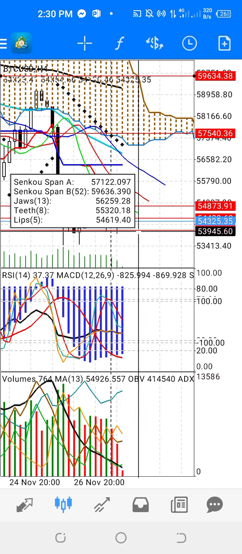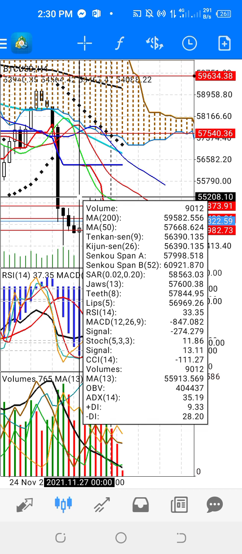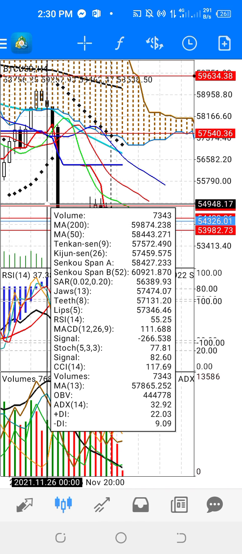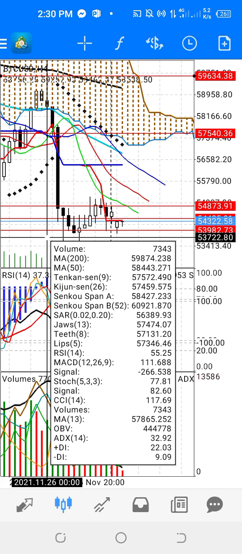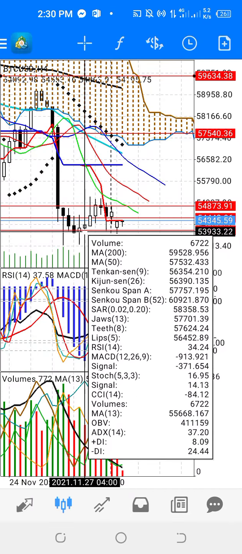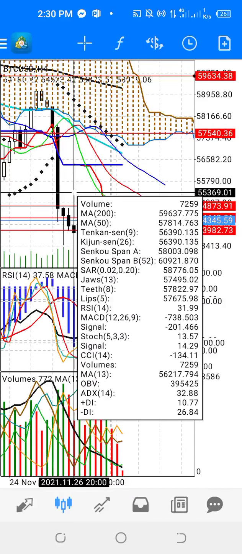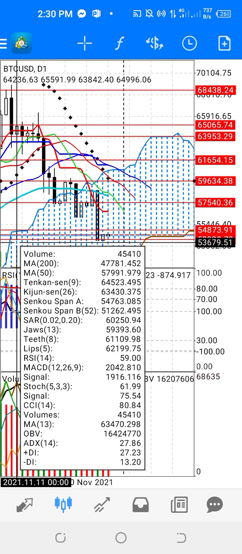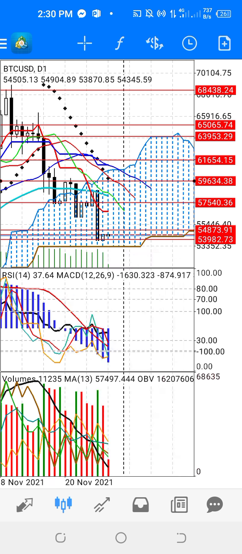Okay, but there is some resistance. You can see this one. The price is trying to resist within this area. Okay, so overall, it may go higher.